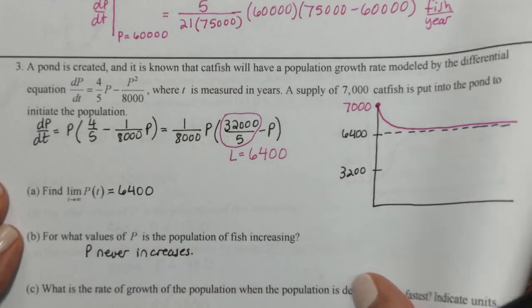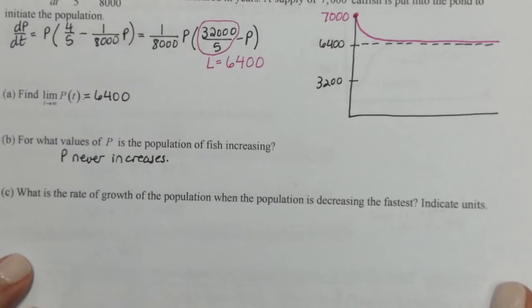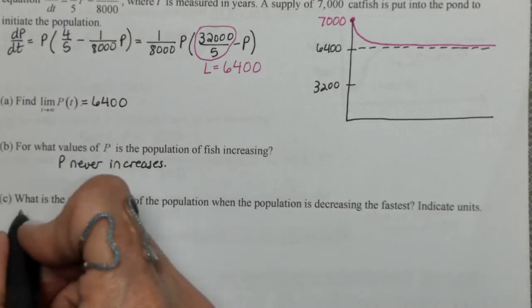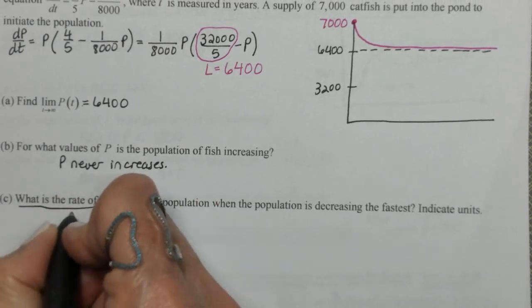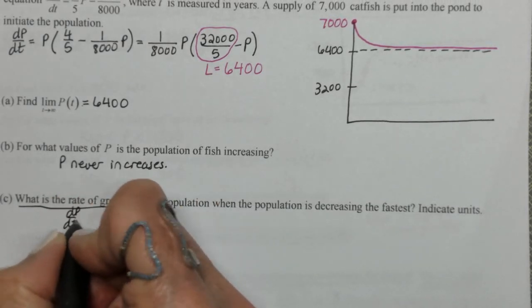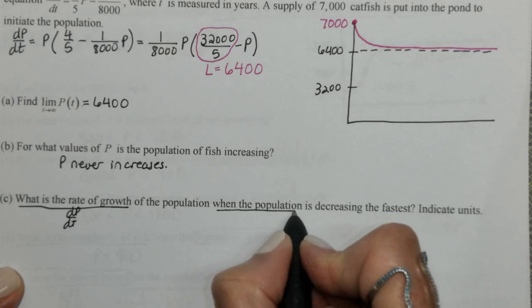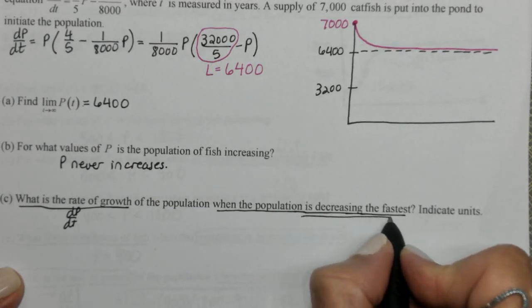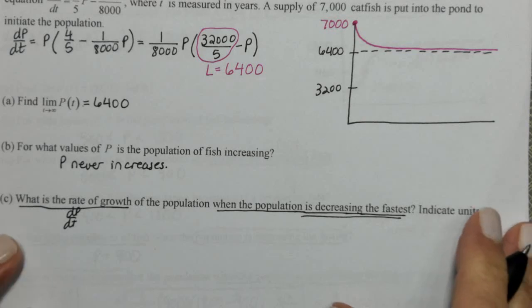Okay? All right. What is the rate of growth of the population? So we're looking for dp/dt again, when the population is decreasing the fastest.